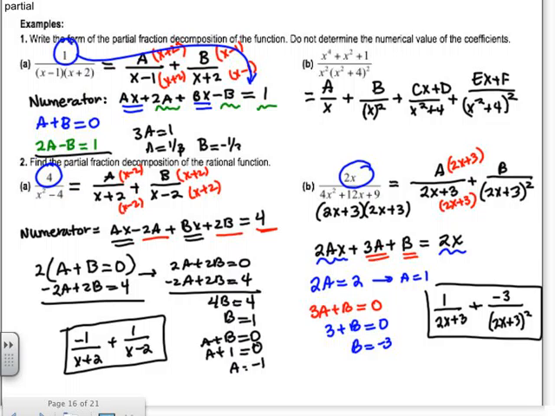So you couldn't integrate the original, because if you did a u substitution with the bottom, du equals 8x plus 12. You can't replace that in your numerator, right? So that wouldn't work. But you can definitely integrate this second one that we just found, because you can do u substitutions for both. See why this is convenient?